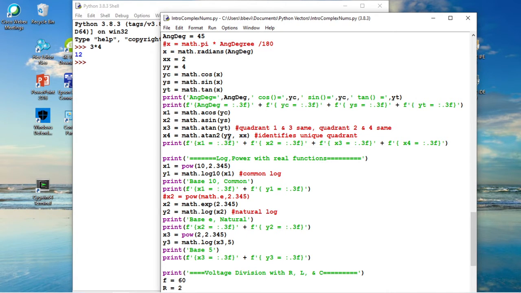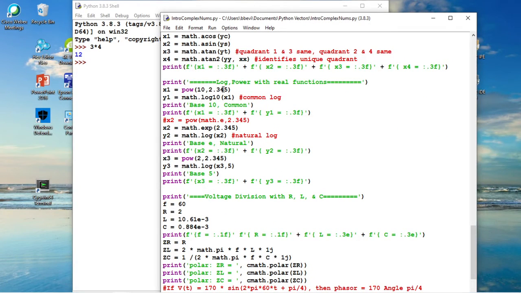But if you want an angle between 0 and 360, you put your y value and your x value into arctan 2, and this will give you the angle in the correct quadrant. Here you won't know if it's in 1 or 3 by looking at it, but if you design the program, you will know. So anyway, then we have our power functions, common log, log 10, and the natural log to the base e, which is just log.